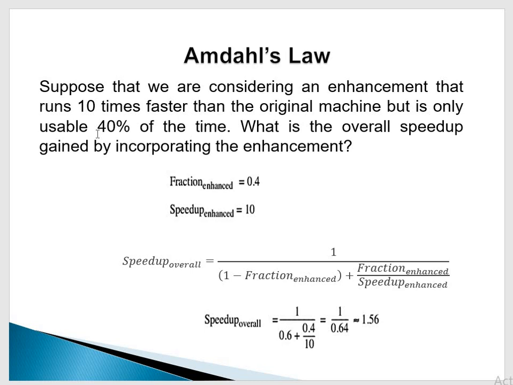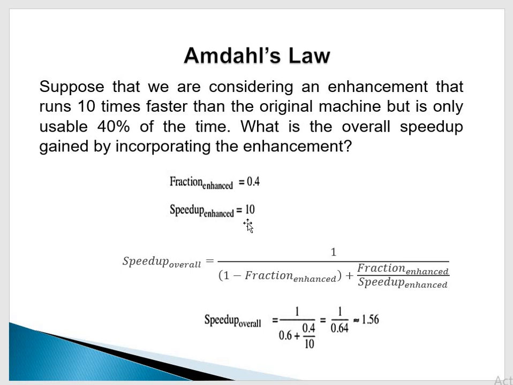We have enhanced the performance of the machine on 40% of the total machine. So the fraction enhanced will be 0.4, and once we enhance the performance on that 40% portion, the speed of that particular portion was 10 times faster than the speed of its original machine.